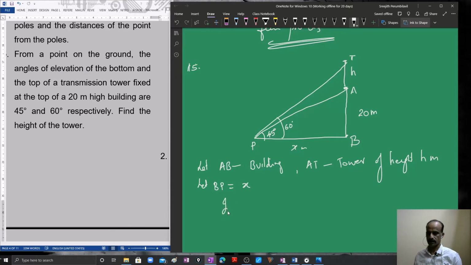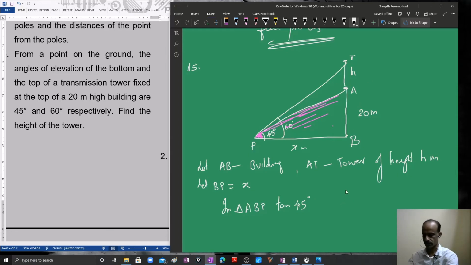Similar question, what we have done. In triangle ABP, the smaller triangle, this is the angle. Tan 45. Why always tan? Don't think why all questions use tan.